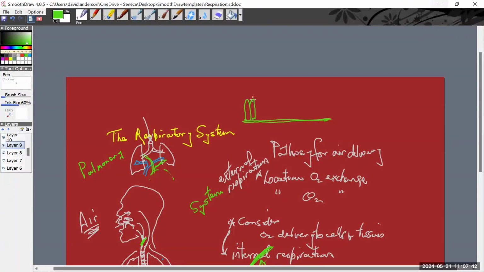So if we have a simple columnar epithelium, it would look like this. In the pseudostratified columnar epithelium, if we look a little closer, it looks like there's 2 layers of cells.